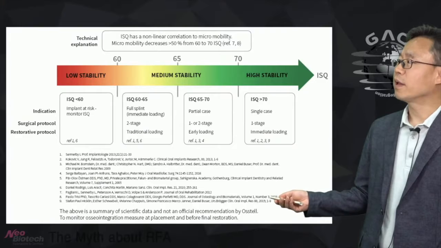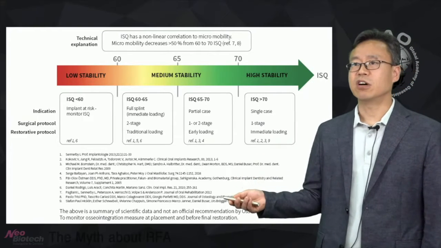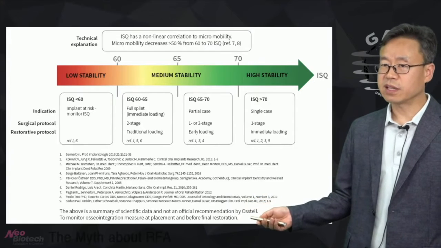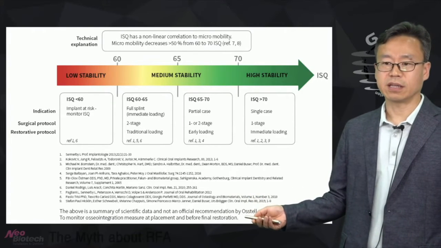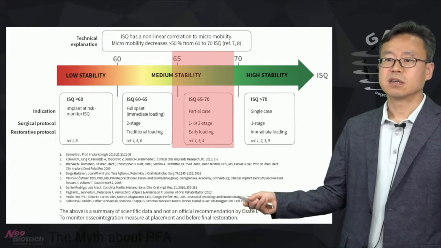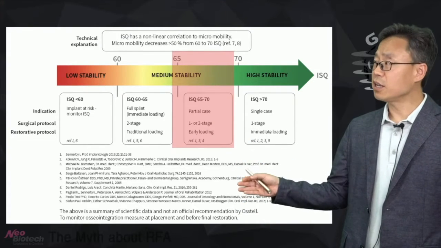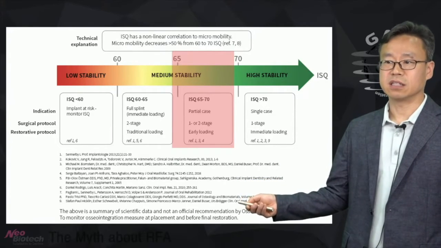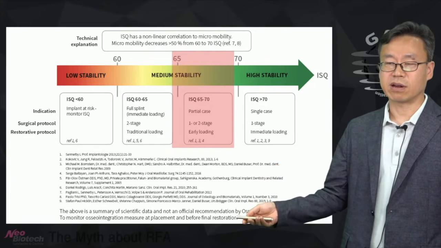This is the diagram I found on the website of Osstell. It gives you very specific guidelines in terms of loading. For example, when the ISQ is above 65, you can do early loading, it says, based on this diagram.